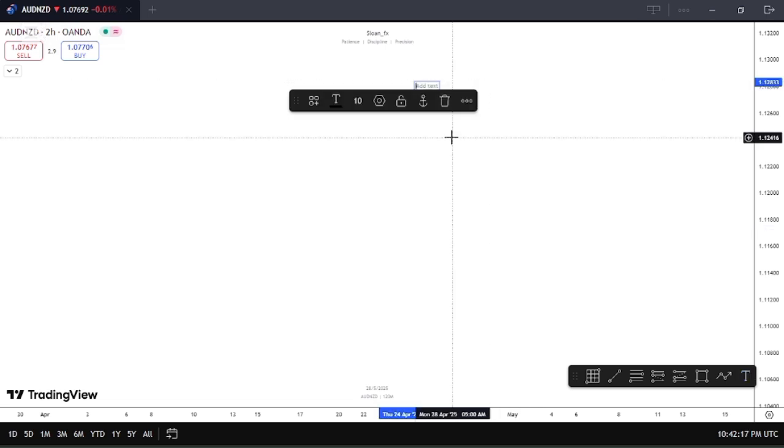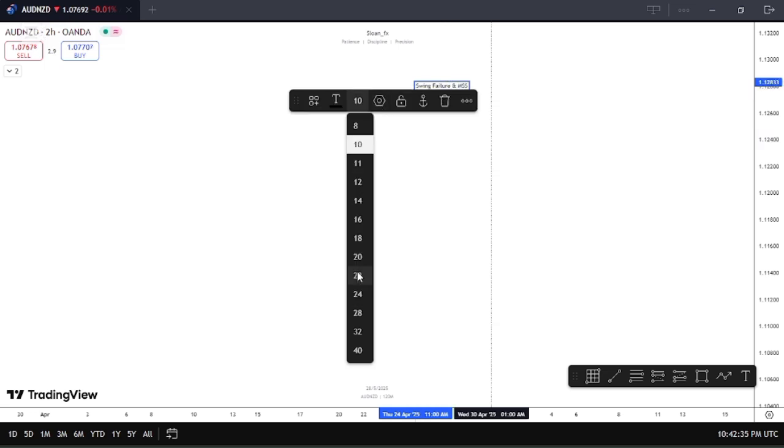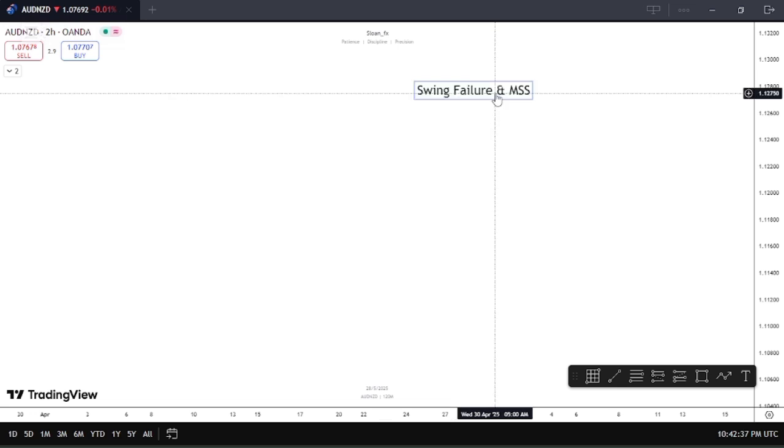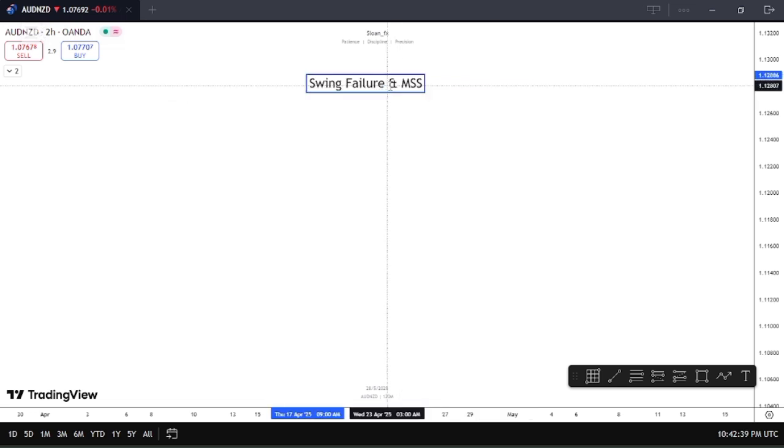So looking at swing failure and MSS, this will be our center of focus for this video.